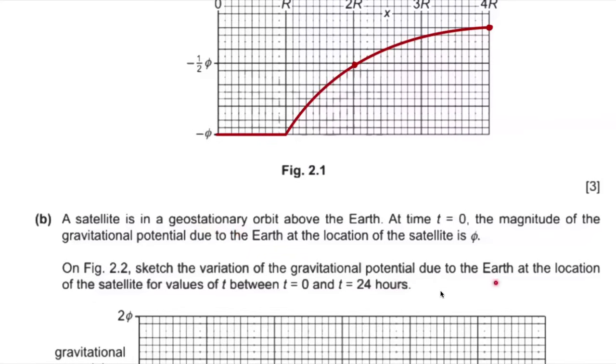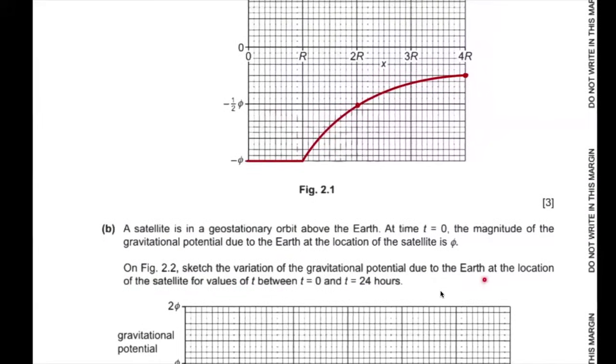Now in this case, when we have to sketch the variation of the gravitational potential due to the Earth at the location of the satellite, we'll use this idea that phi equals minus GM over r, right? But this time we are looking at the potential at a fixed radius. It's always the same.